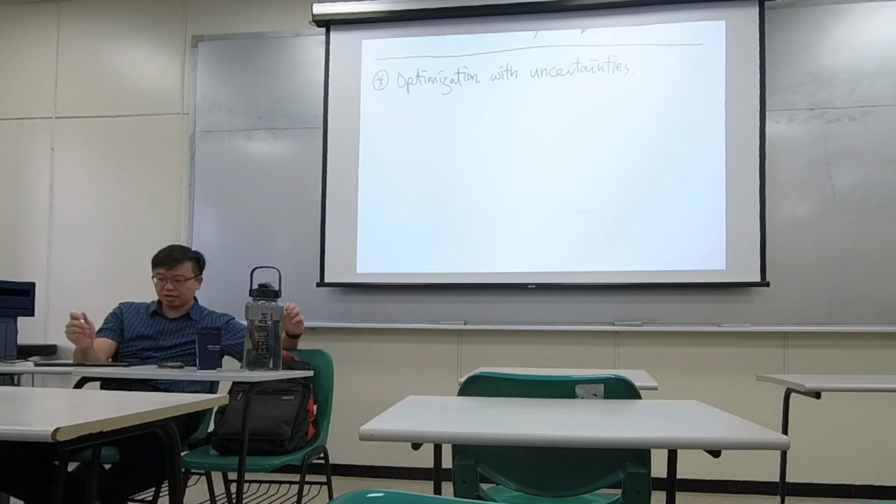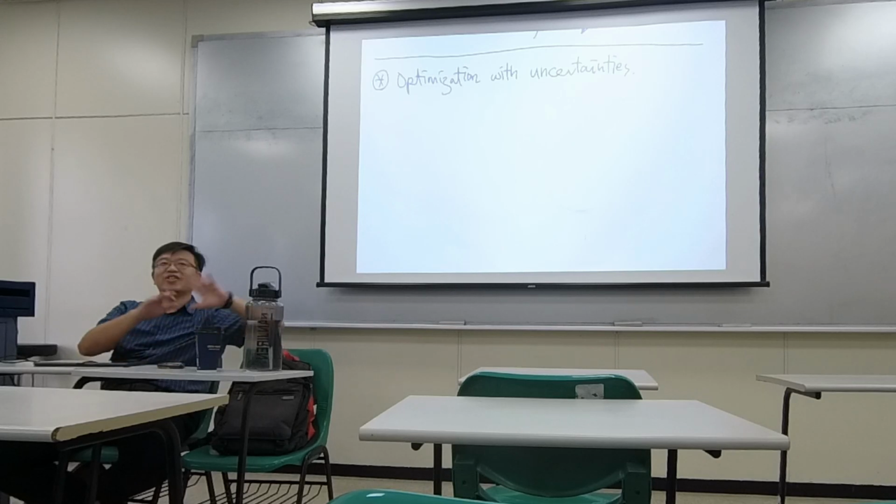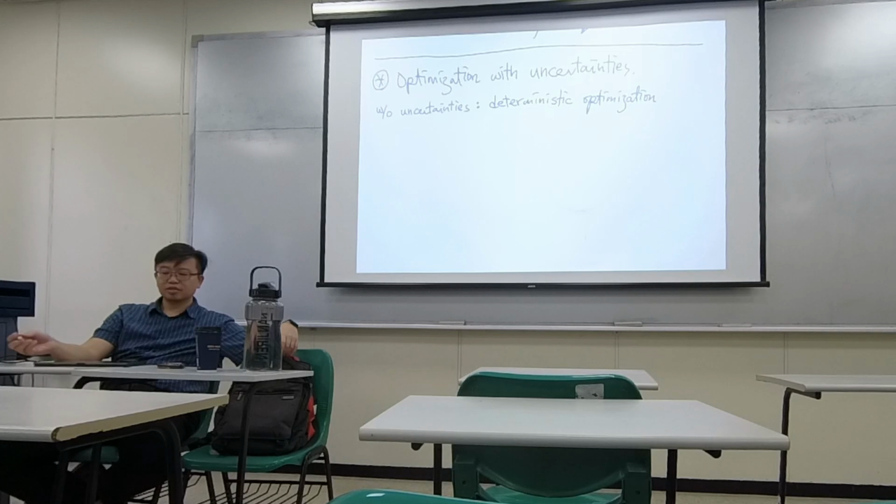So on the opposite of optimization with uncertainties, you are dealing with optimization without uncertainties. Without uncertainties, we call this kind of problem deterministic optimization. Okay? So what is a deterministic optimization?